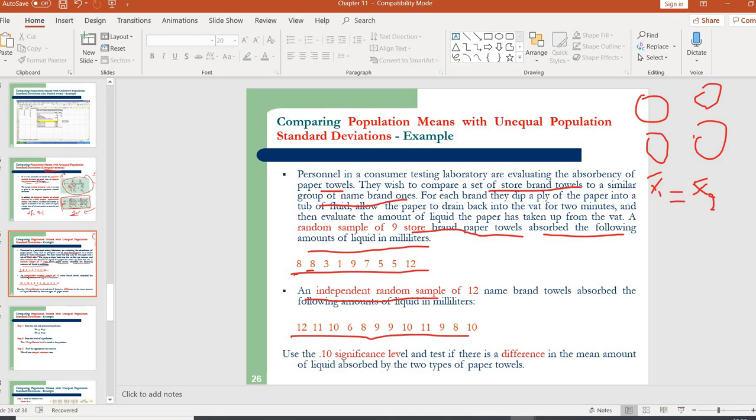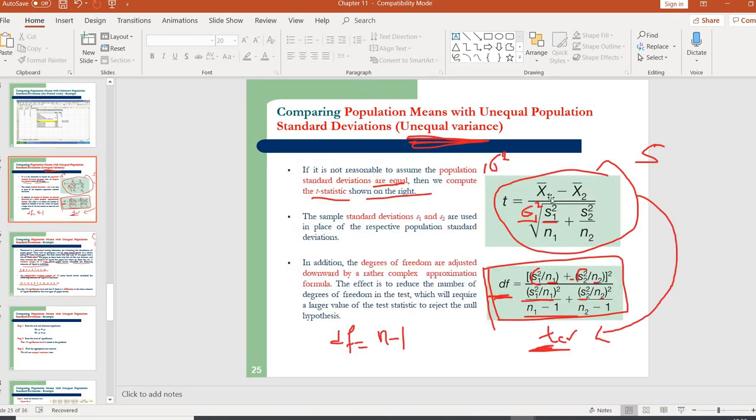If we find that they have unequal variances, here is the formula we will use. But if they have equal variances, instead of using this sample variance, we will use the population variances, given that the population variances are given in the problem.